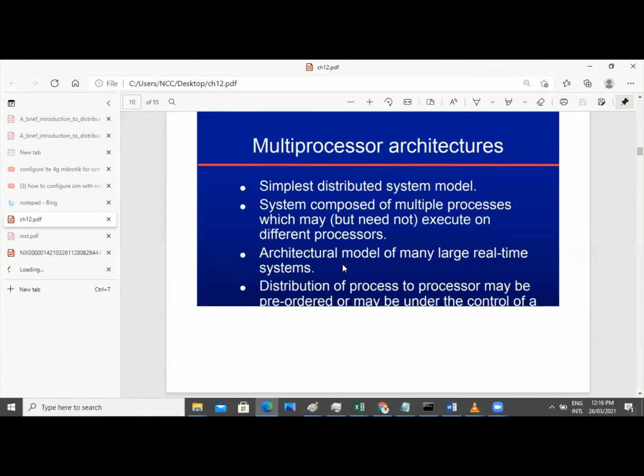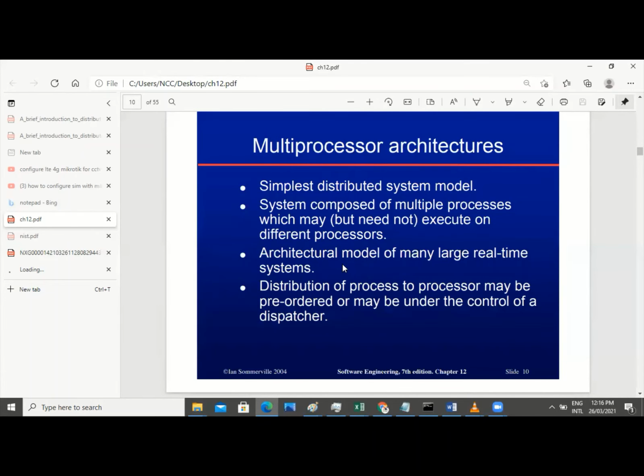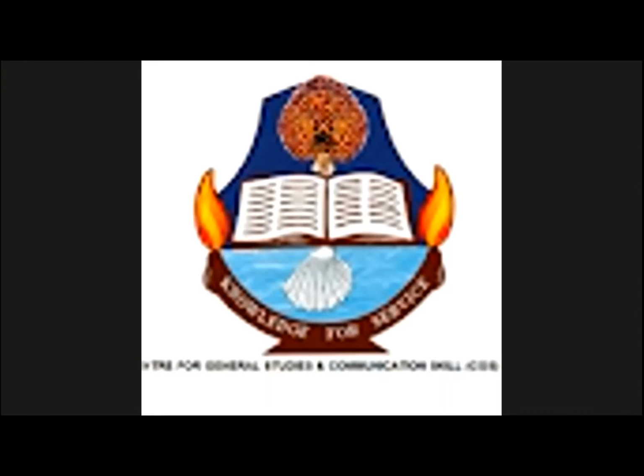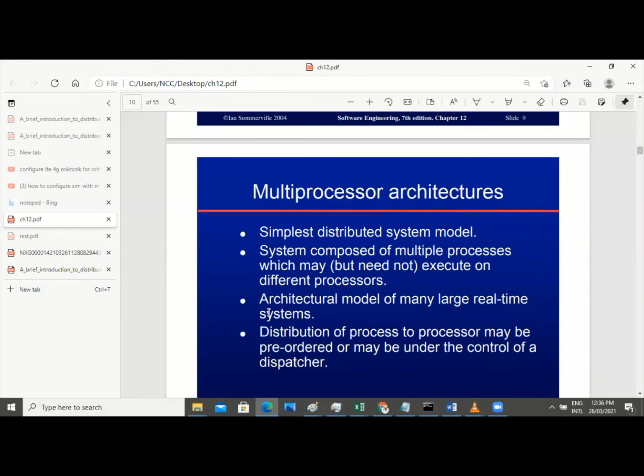Now, the next architecture we should look at is the multiprocessor architecture. Like I said before, in a distributed system, most times a single processor device is deployed in a unique environment. The first thing we need to understand is that it uses the simplest system model, whereby an array of processors are all connected together via a network.